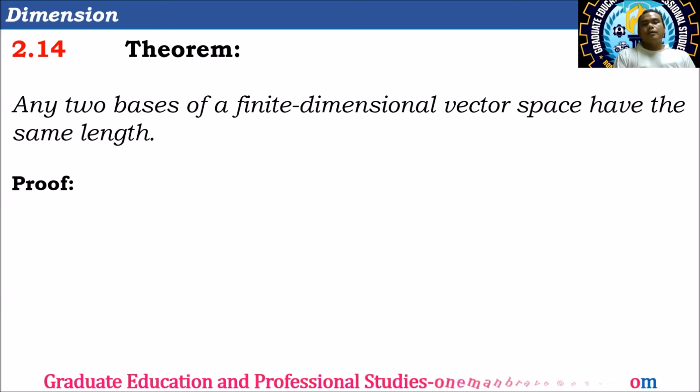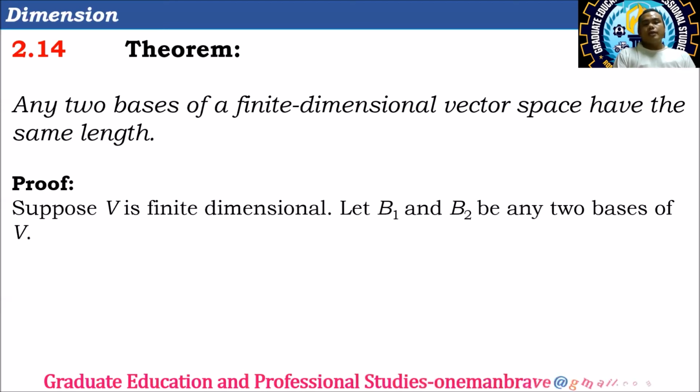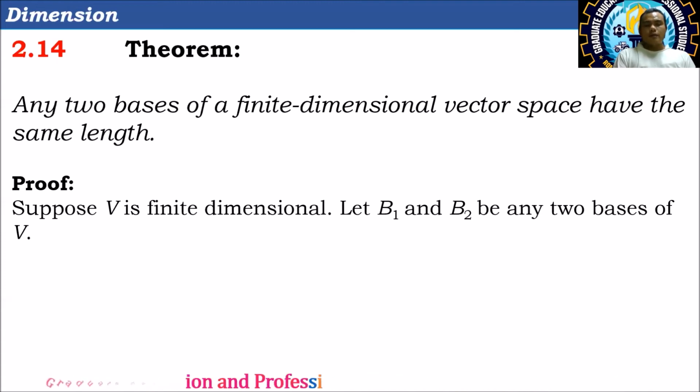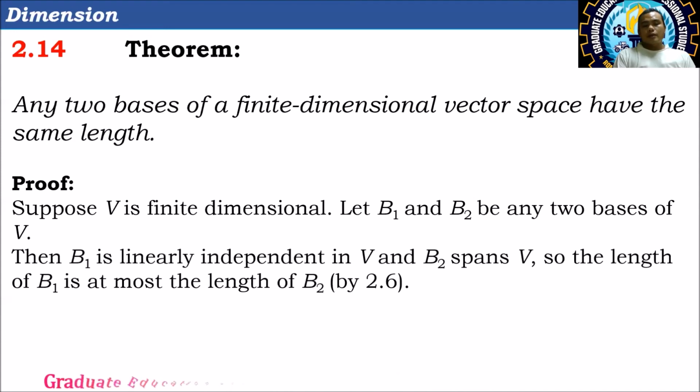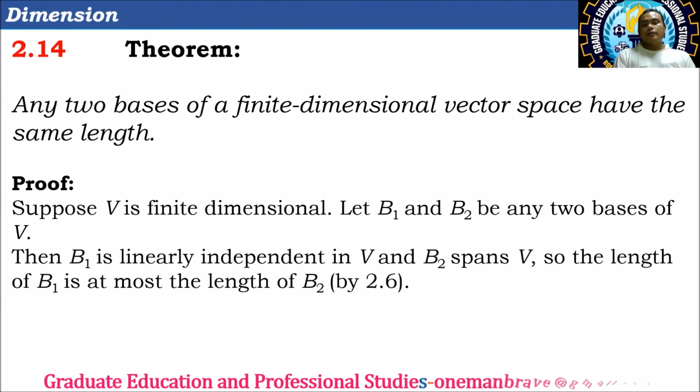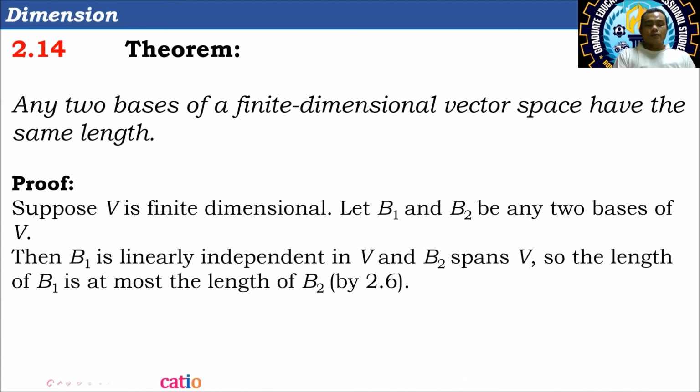To prove that, suppose V is finite dimensional. Let B sub 1 and B sub 2 be any two bases of V. Then B sub 1 is linearly independent in V, and B sub 2 spans V. So the length of B sub 1 is at most the length of B sub 2, using our previous idea in 2.6.